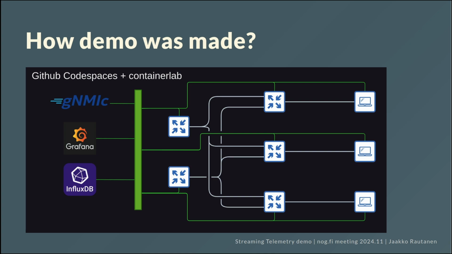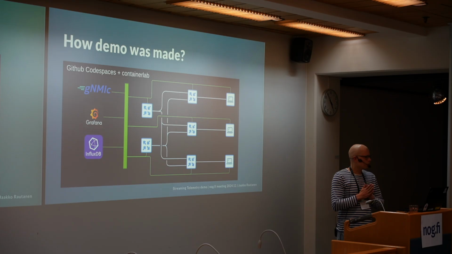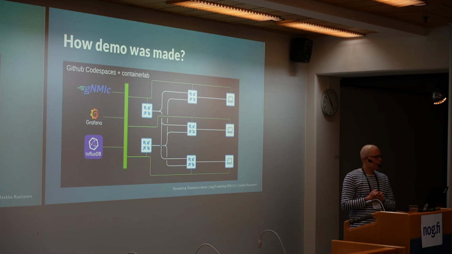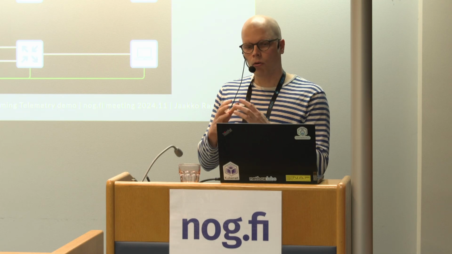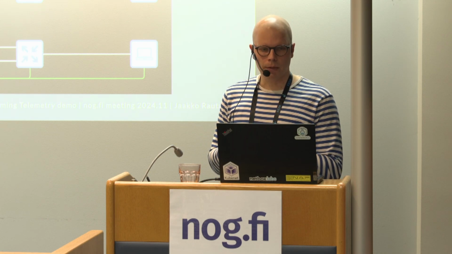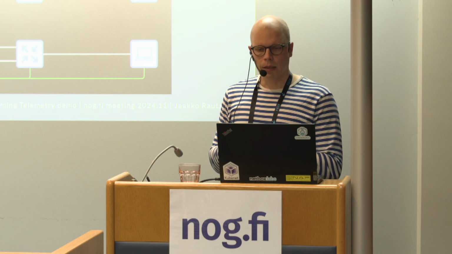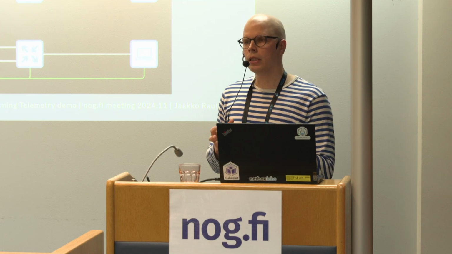GNMI-C, which is a GNMI client, open source client. It's subscribing the data from the network devices, pushing that to the InfluxDB database, and then Grafana is used to visualize it from the InfluxDB. And all this wiring of these containers is done by Containerlab, which is a really good open source product as well. And because of that, I can run that in GitHub Codespaces, which is a cloud service.